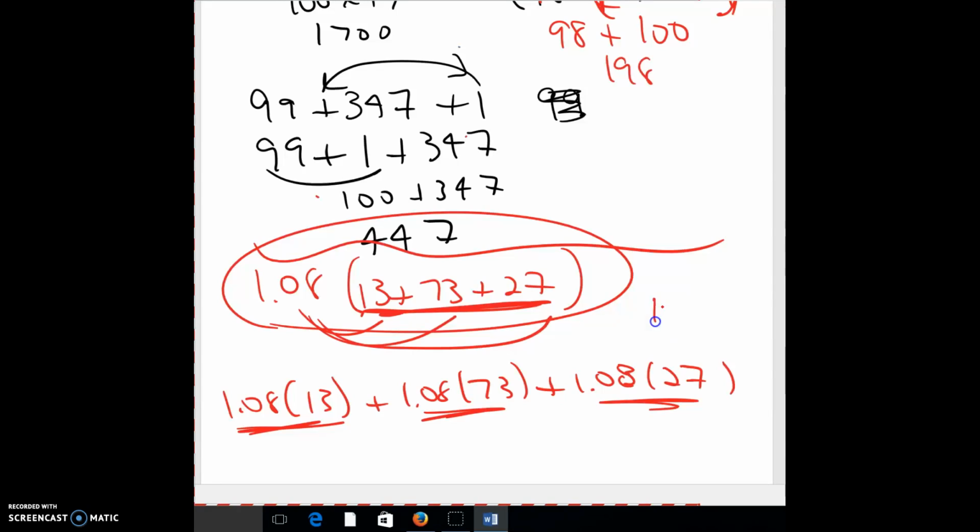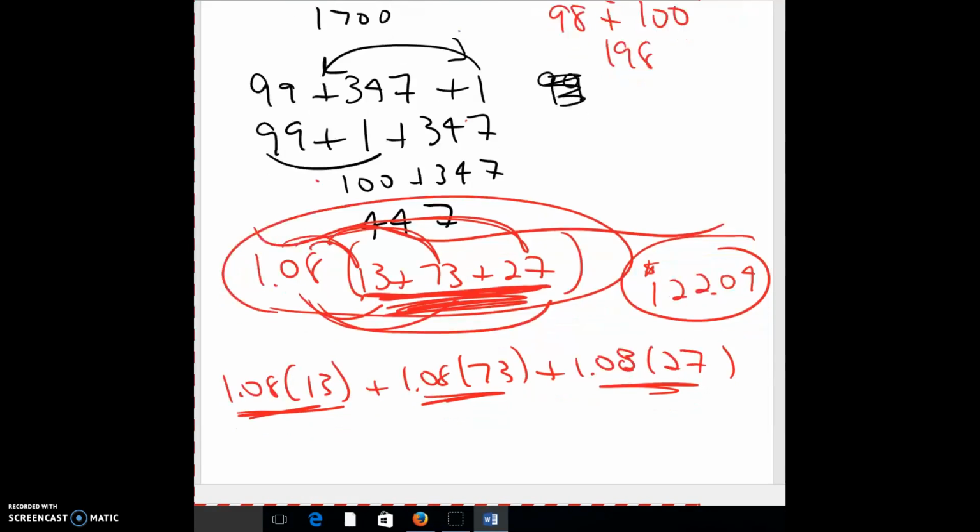So either way, you're going to get 122 and 4 cents. That's kind of like what I showed with the picture of the goodie bags. The distributive property works because you can either focus on getting the total and then dealing with how much of it you have, or you can deal with each individual piece and then total that up. So either one is going to work out fine.